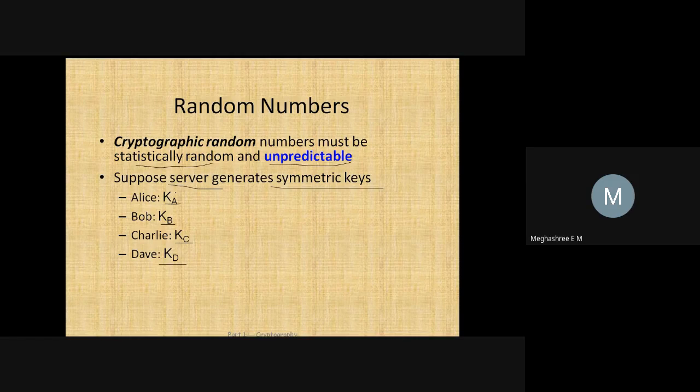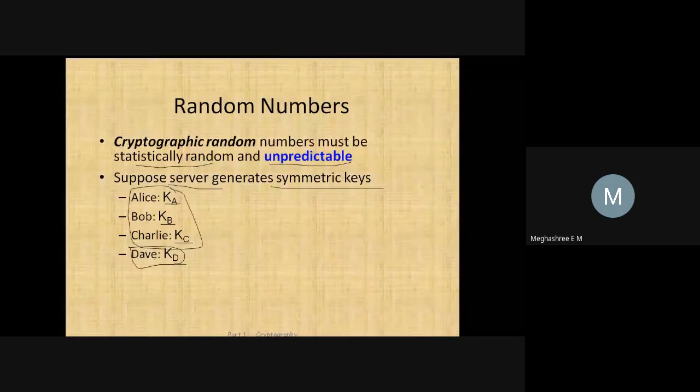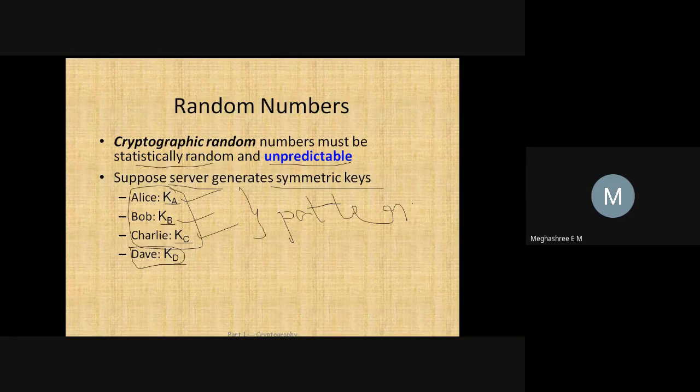Now, Alice, Bob, and Charlie together don't like Dave, so they want to know what key is given to Dave. They gather all the keys provided to Alice, Bob, and Charlie, that is KA, KB, and KC, and they find out whether any pattern is followed by the server to generate these keys.